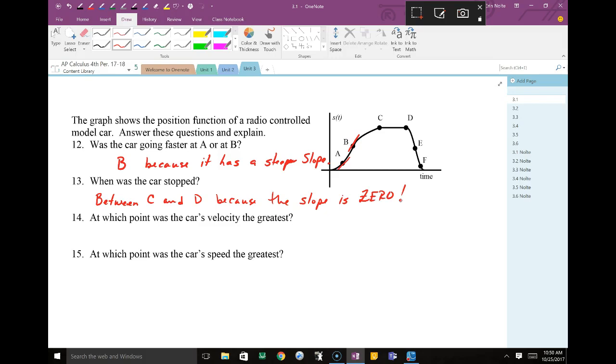Say that louder. The velocity for E will be negative. So remember, even though it's the greatest speed, velocity still has to mean, if we have the greatest, we're talking about the most positive number. So that is including a direction and a slope. So the one that has the greatest velocity is going to be at B, because it has to have a positive slope.